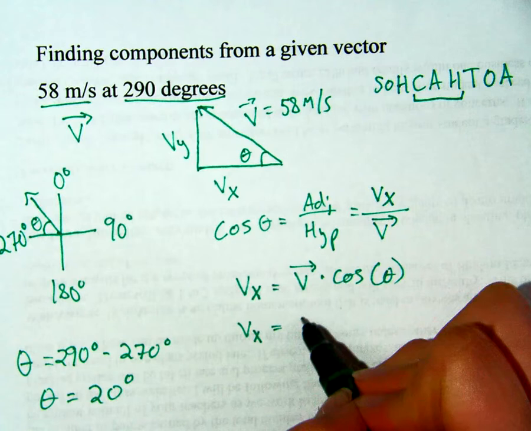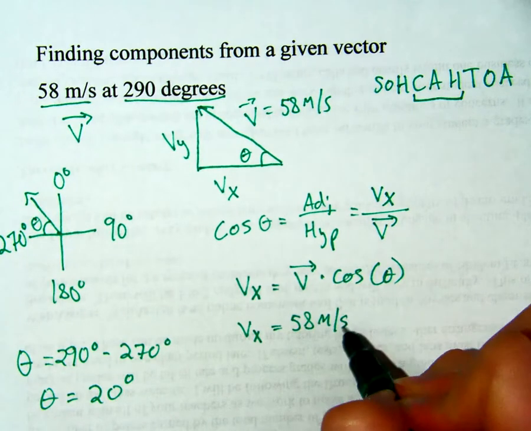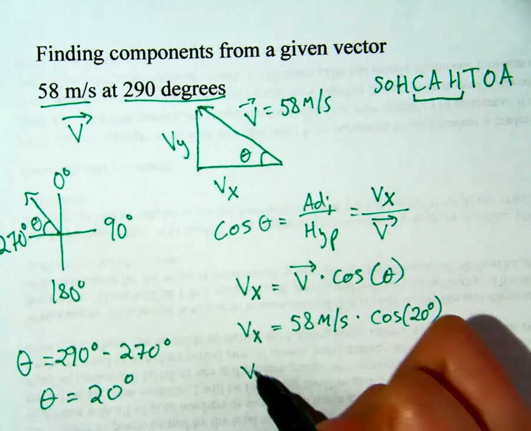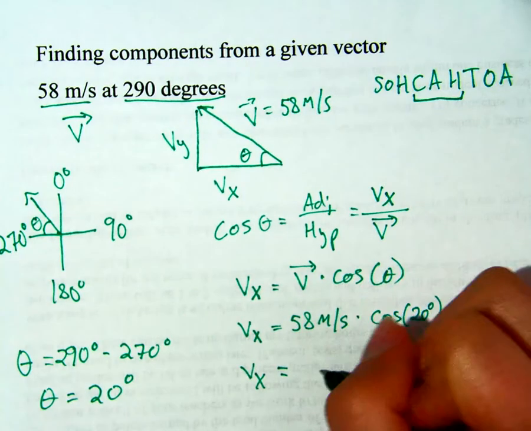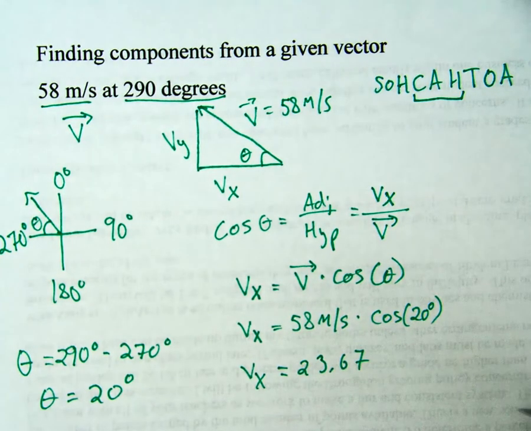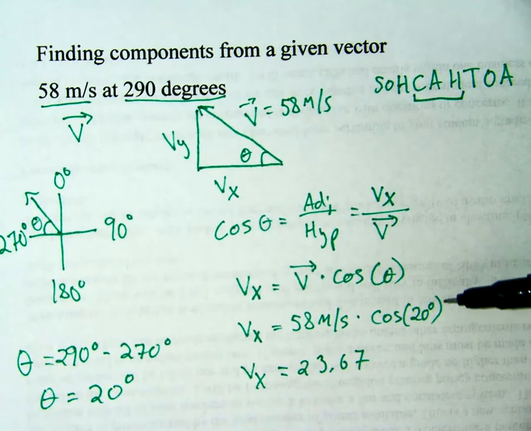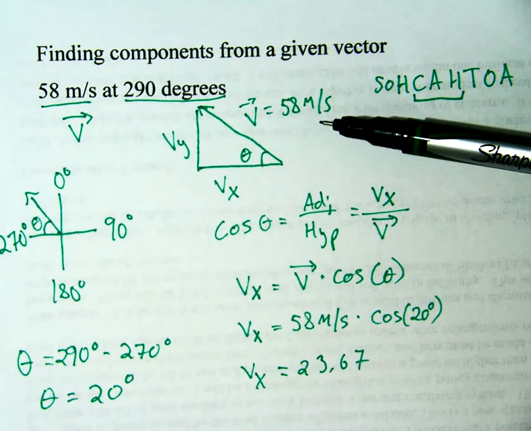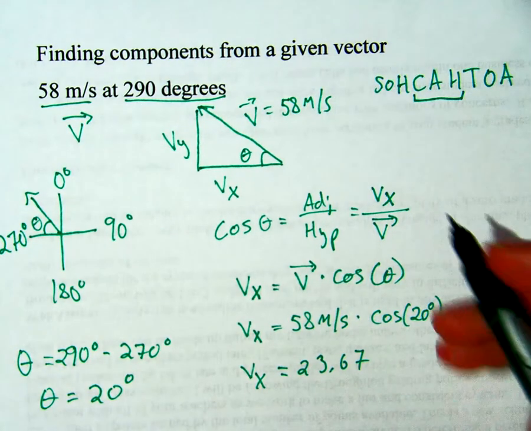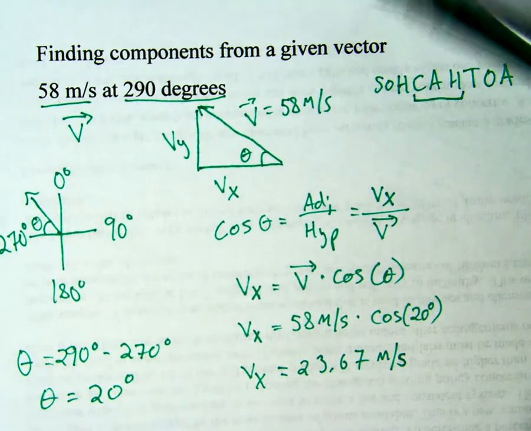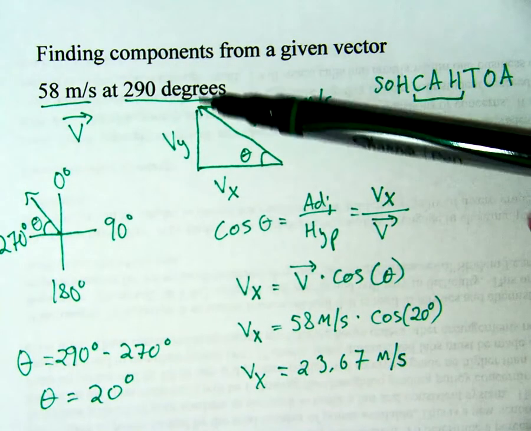Plug in our values, and we should get 23.67. Now, units. Because the only unit present here is meters per second, and also knowing that this is a component of a velocity vector, we want to carry those units down, so that our components have the same units as our original vector.